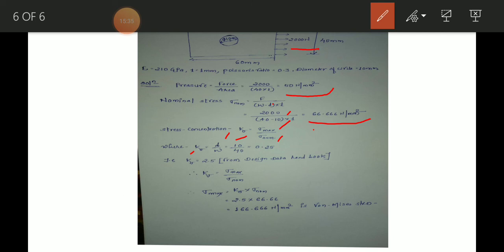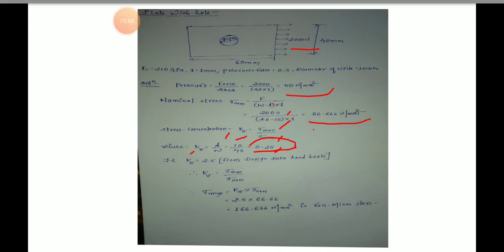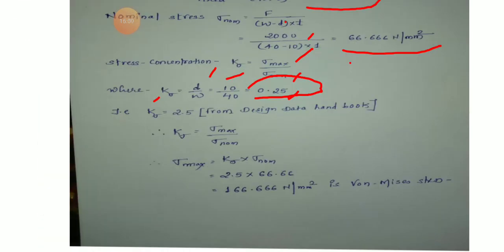Diameter of the hole is 10, width is 40, so D by W is 0.25. From the design data handbook, you have to refer for 0.25, and from that you will get the value of k sigma as 2.5.